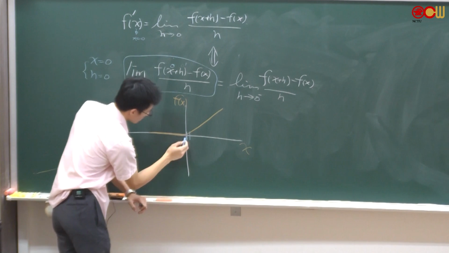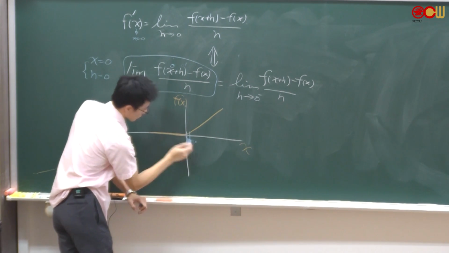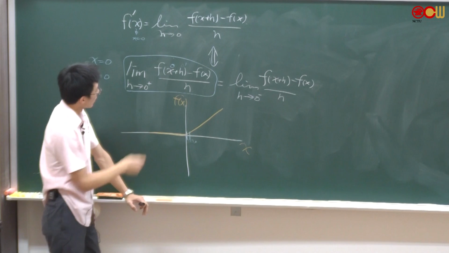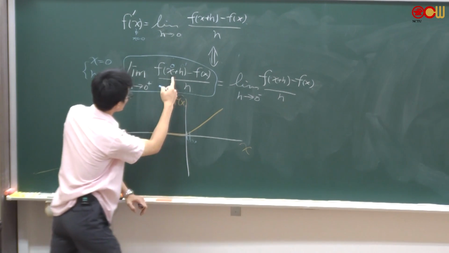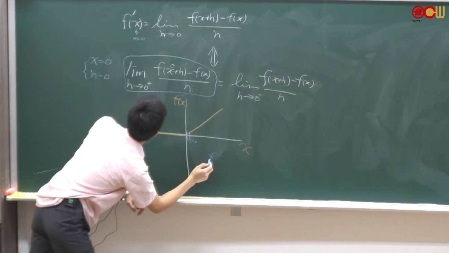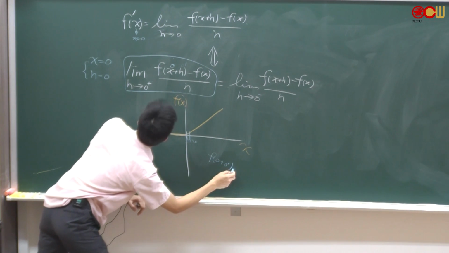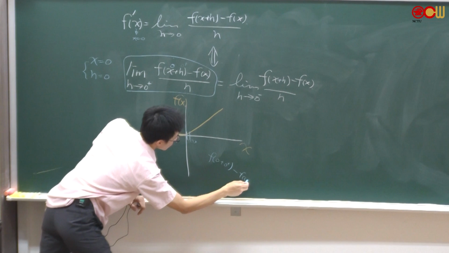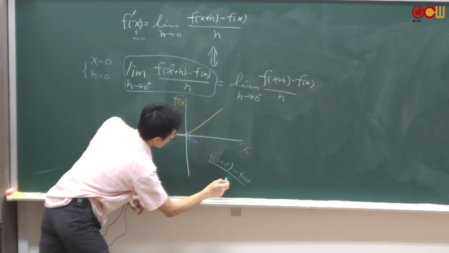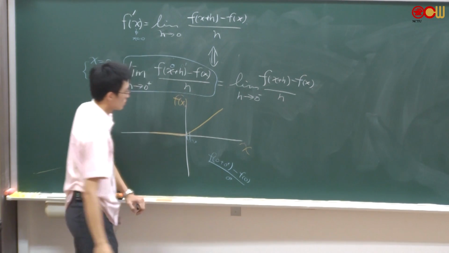Right? 0 is here. Here is 0 plus. And what is this? So at f(0 plus) minus f(x), which is 0, divided by 0 plus.